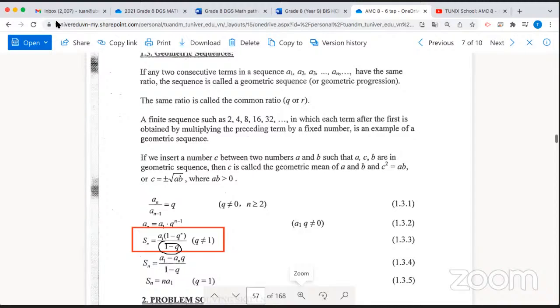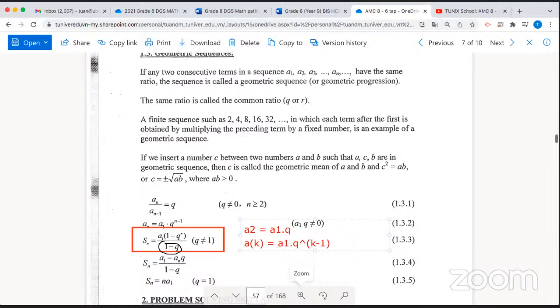Okay, now I will help you. Look at this one. A2 equals A1 times Q. And for AK, for example, anything, AK equals A1 times Q to the power of K minus 1.